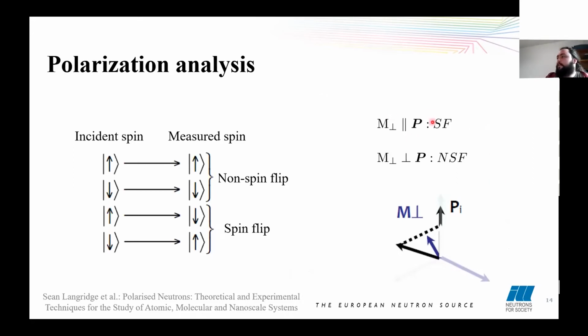If our polarization is parallel to the measured magnetization, then we only have spin flip scattering. And if these two components are perpendicular, then we only measure non-spin flip. A more correct term here might have been to talk about the X component, the Y component, or the Z component. But this gives you an idea of how we can differentiate them experimentally.